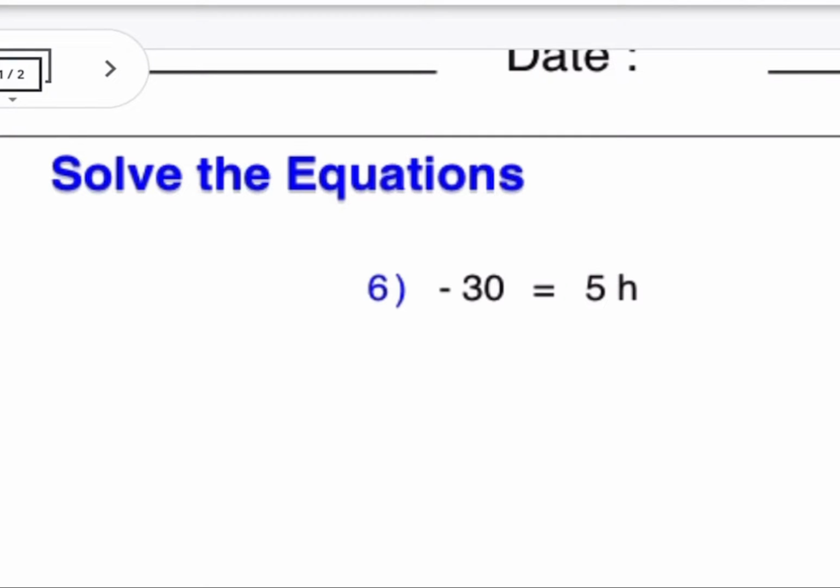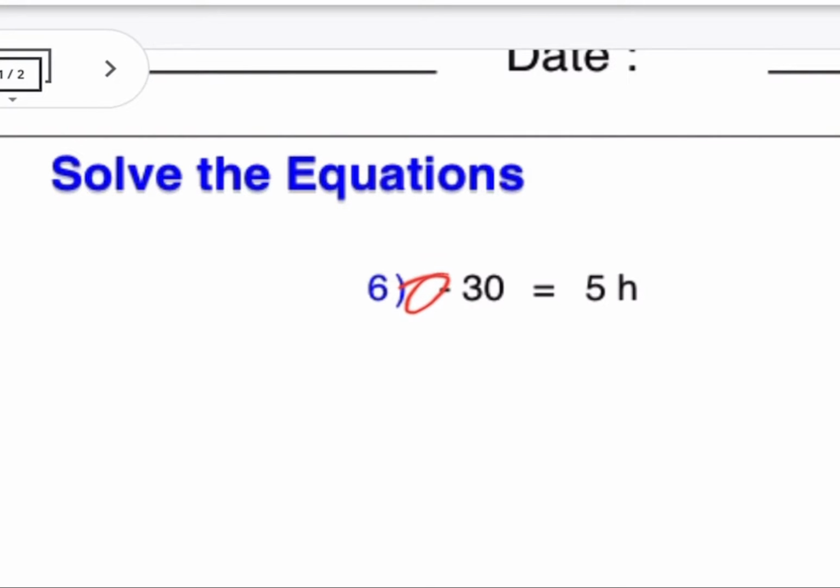Now I'm going to jump over here. What is the operation happening here? Here's a common mistake I see a lot of students make. They'll say, oh, it's subtraction. No, because we're looking at what's happening to the variable. Does this negative sign have anything to do with this variable over here? No, it does not, okay?